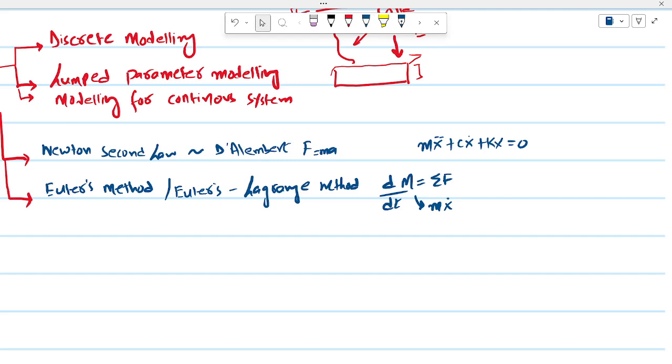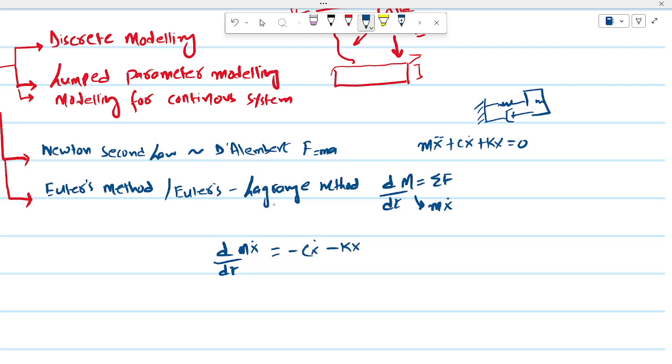If we try to derive this using Euler's method, it will become d over dt, and since it was a mass-spring-damper system, the rate of change of momentum, mass times velocity, would be equal to the sum of all forces acting onto the system, which will be equal to minus cx dot for the damper and minus kx for the spring.